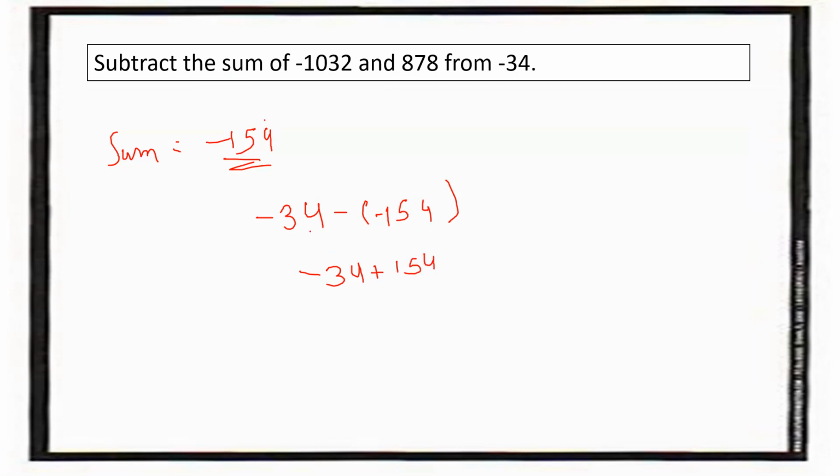Okay, this type of question we have already solved. So now we have to simply subtract. You will be getting 120 as your answer, and you will not put the sign of minus because 154 is greater than 34 and the sign of 154 is positive, so this will be positive 120. So the answer you got is 120.